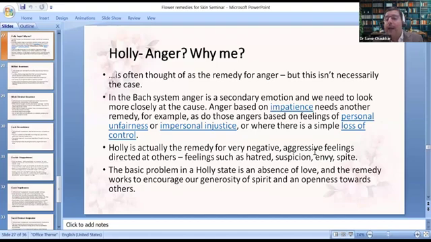Holly, anger remedy, jealous remedy, remember that. Okay, very, very important for negative, aggressive feelings. How can she be so beautiful? I'm so jealous of her. So whenever I'm thinking of Lachesis, I'll also think of Holly, remember, because there's a lot of jealousy and suspicion in Holly, which is very common. When somebody has a skin problem, they'll either try to hide it or they'll try to become very, very aggressive and jealous and envious of others.